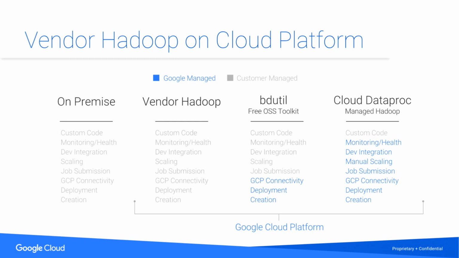So Cloud Dataproc is a fully managed Hadoop and Spark cluster, and I'm going to talk about the different components which come as part of the standard installation, and what else you could configure and install in Cloud Dataproc in the coming slides.